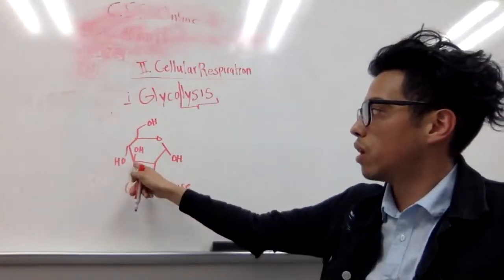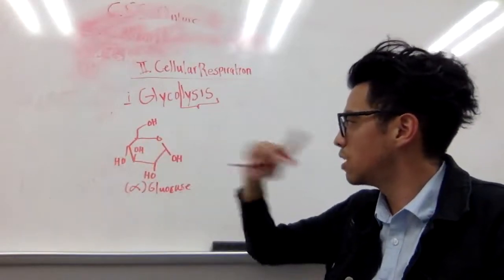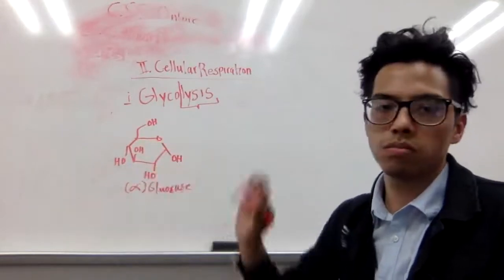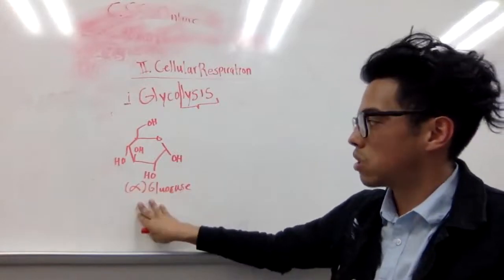But every point of this hexagon is going to have a hydrogen, so fill in the blanks if you really want to draw all the hydrogens. But we're going to start off with the glucose molecule.